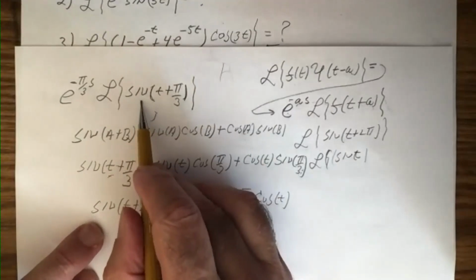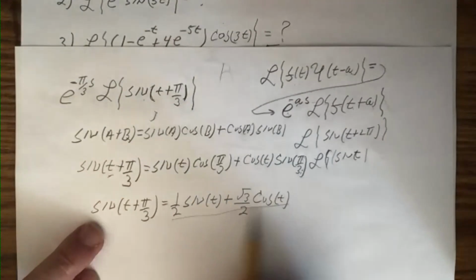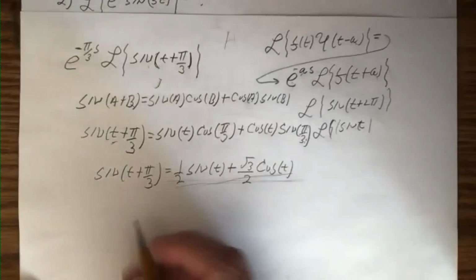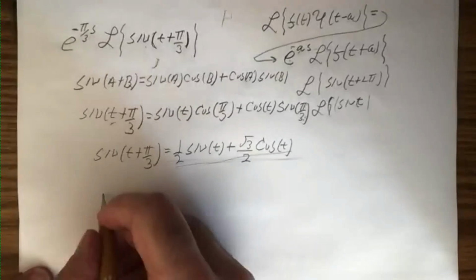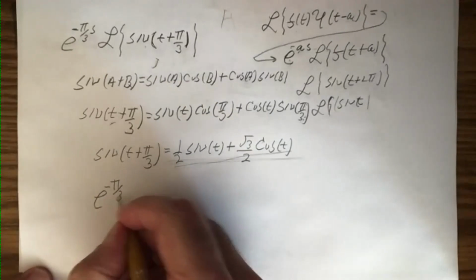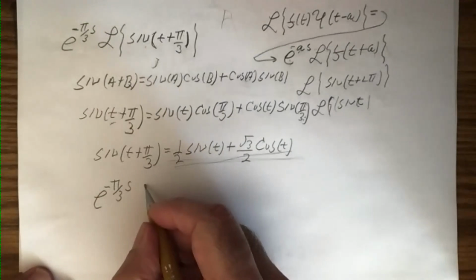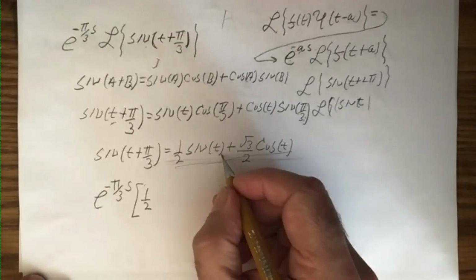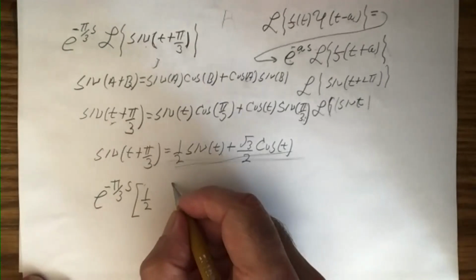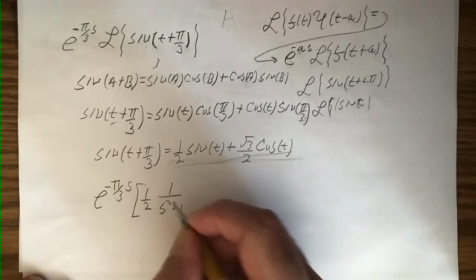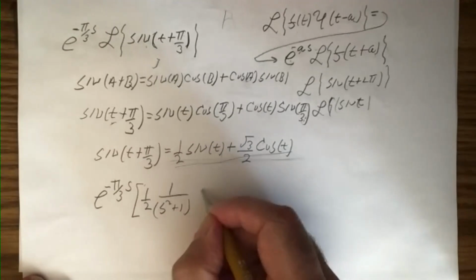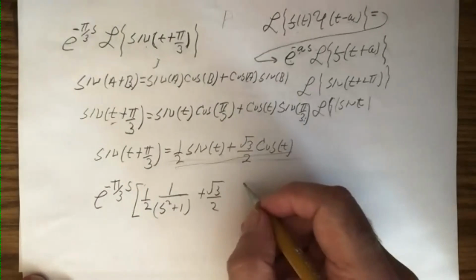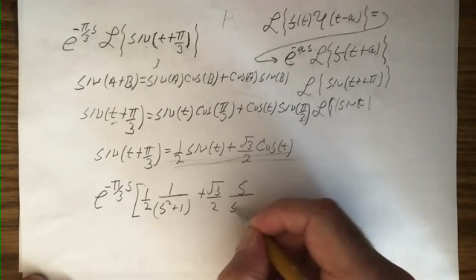So I need to take the Laplace transform of this. My answer is e to the minus pi over 3 s times 1/2 times 1 over s squared plus 1, plus the square root of 3 over 2 times s over s squared plus 1, for the cosine.